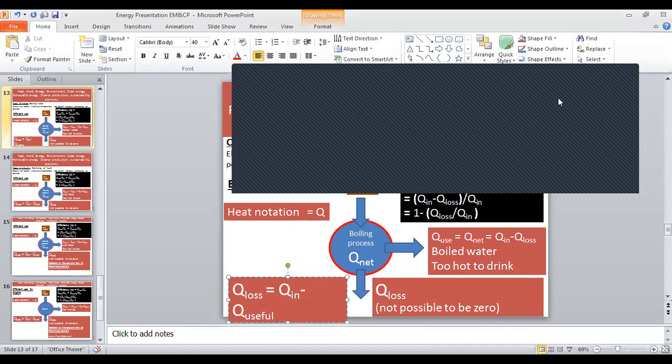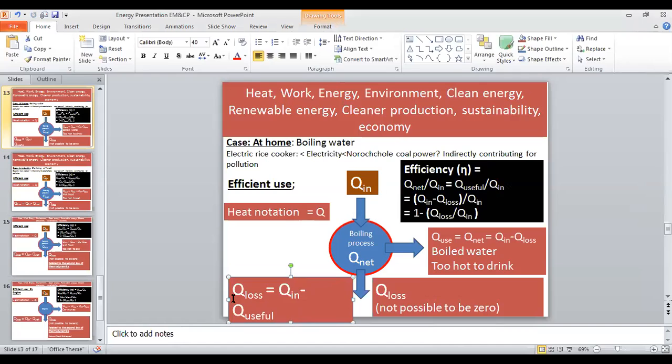Q useful is there. So that is how it is. Energy balance. Okay, energy balance.